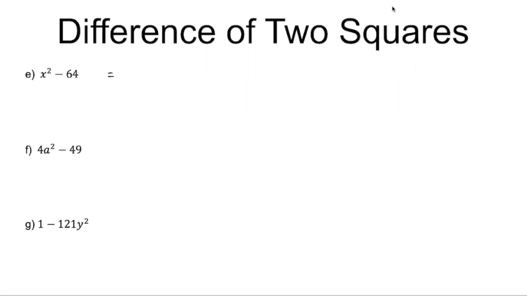The first example, x squared minus 64. We know that we can state this as x all squared minus, and the square root of 64 is 8, all squared. So the difference of the two squares is x plus 8 times x minus 8.